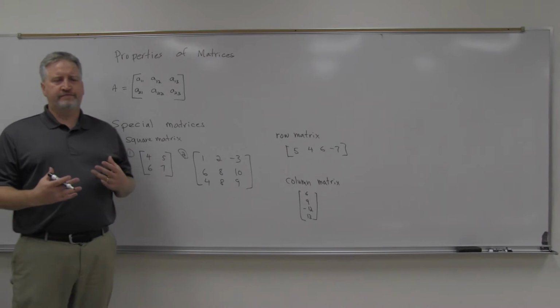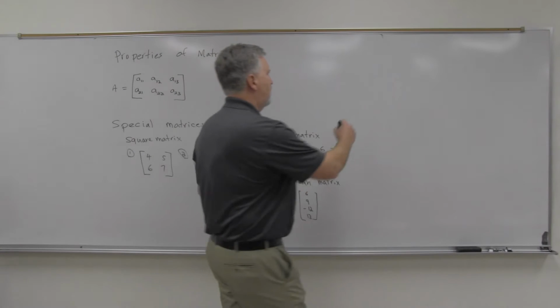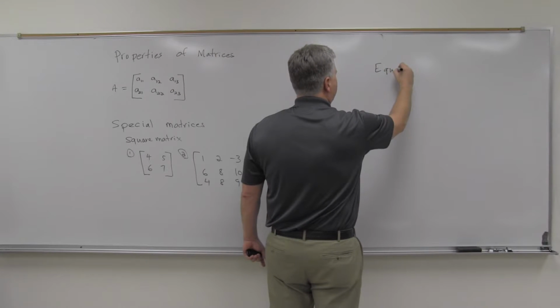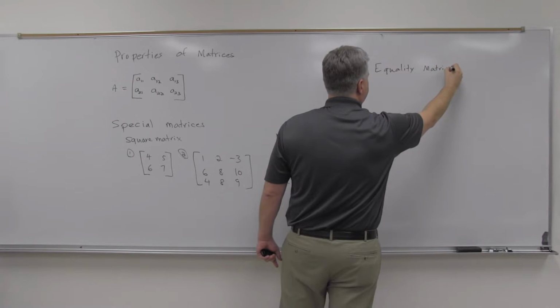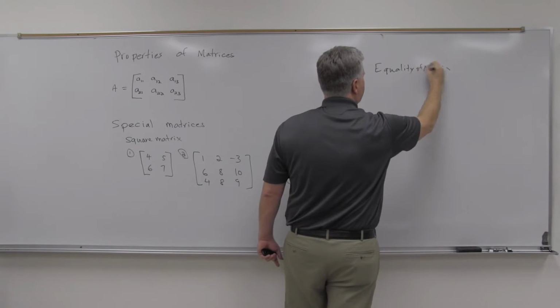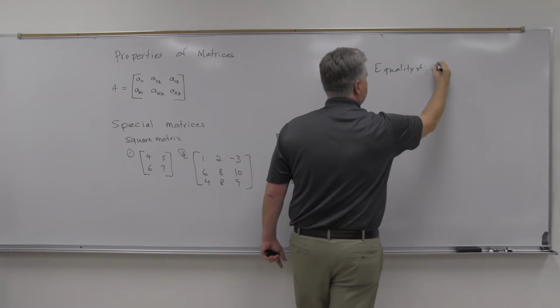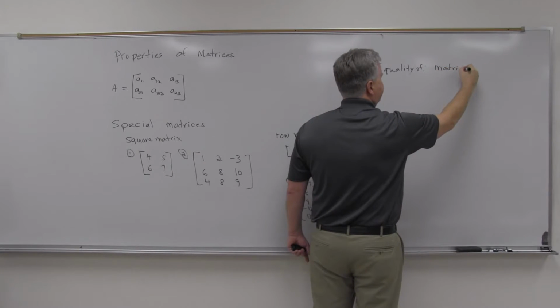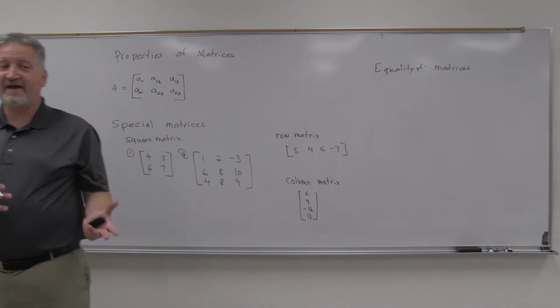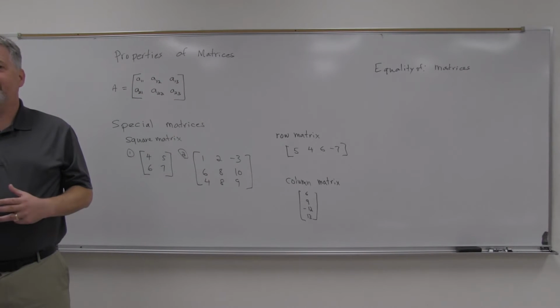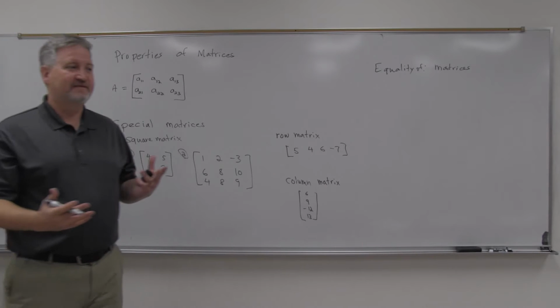And then the other thing that I wanted to mention was equality of matrices, and it's also fairly obvious. For two matrices to be equal, they have to have exactly the same entries.